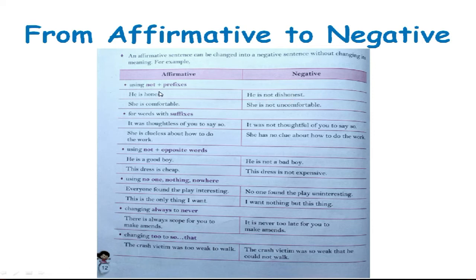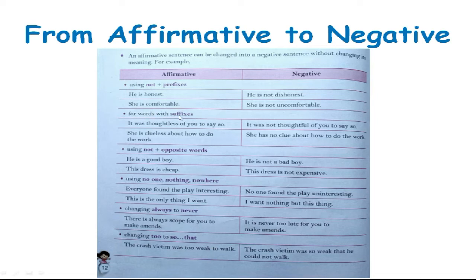This means he is honest. So I'm not changing the meaning of the sentence. Let's look at the next one. She's comfortable. Again, I will add not plus the prefix to the root word comfortable, and it becomes negative. So my answer is she's not uncomfortable. So am I changing the meaning of the sentence? No.